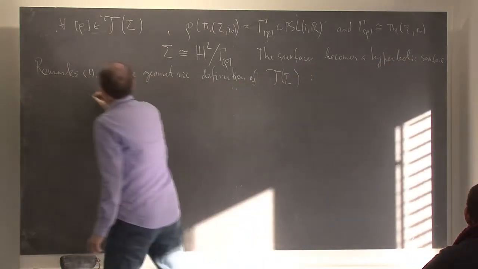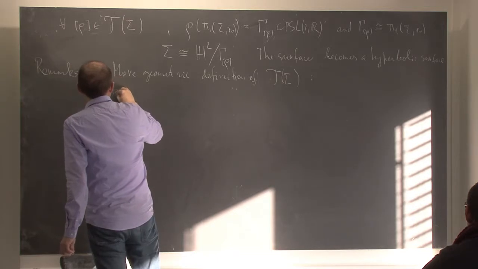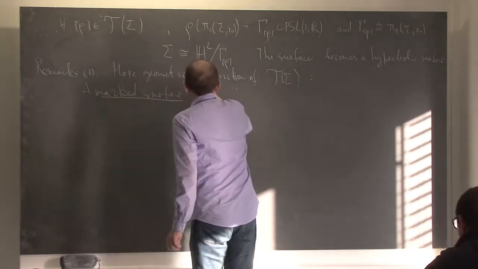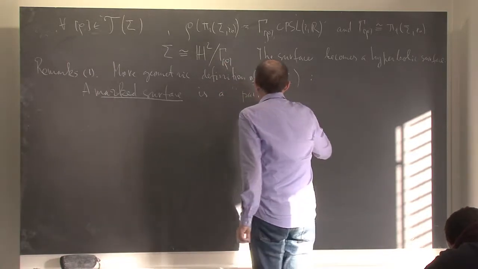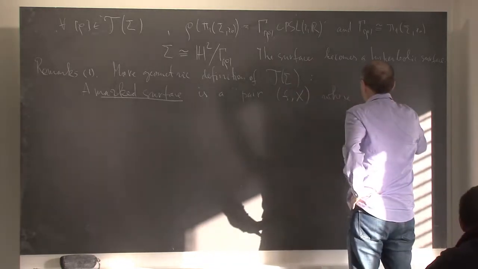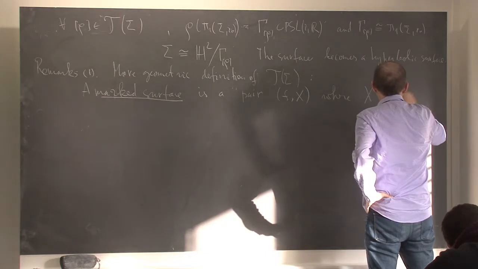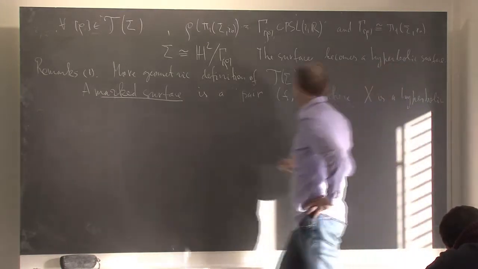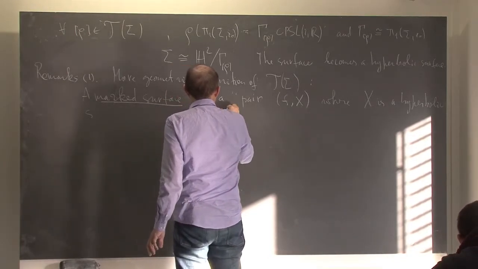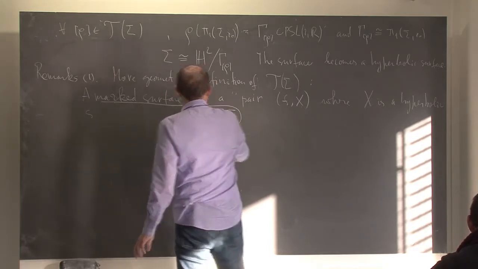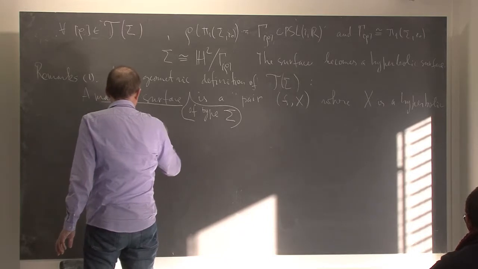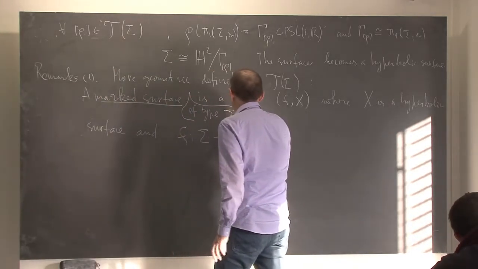We call a marked surface a pair F and X, marked surface of type sigma, where X is a hyperbolic surface, and F is a homeomorphism between sigma and X.